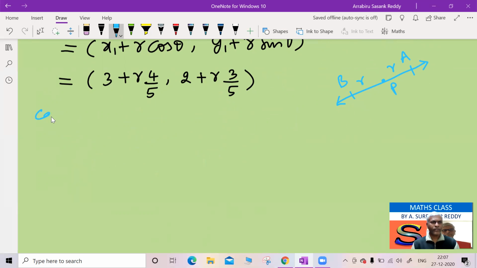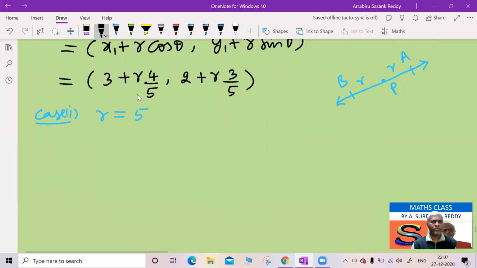Now, case 1, where the r value is taken as positive 5, and case 2, where the r value is taken as minus 5.